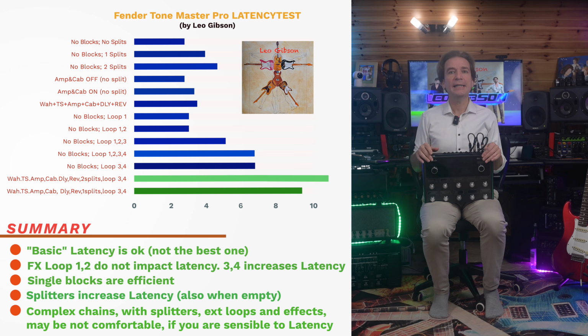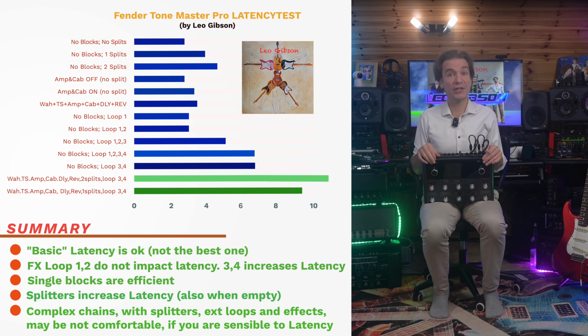On the other hand, the single effect blocks are pretty efficient and do not impact too much latency, where the amount of splitters we put in the chain impacts latency, even if we don't have anything in the loop of the splitters, which is an area that can be improved in my opinion.